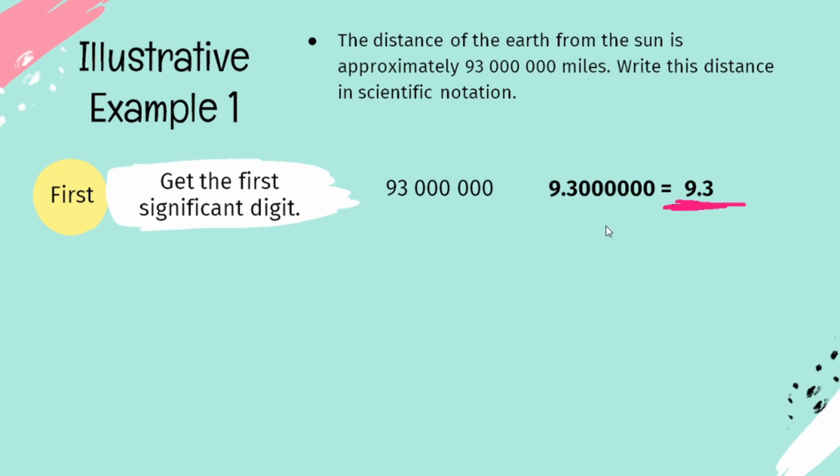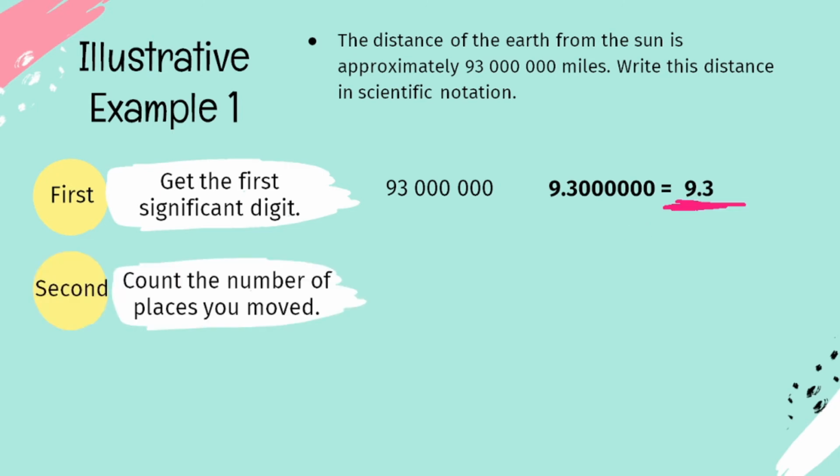Pag nakuha na natin yan, the next step is to count the number of places you moved. Ilang beses ba tayo nag-move kanina? 1, 2, 3, 4, 5, 6, 7, so we have 7 places. Sa format natin kanina, A times 10 raised to n, etong n na to yung kung ilang beses tayo nag-move.